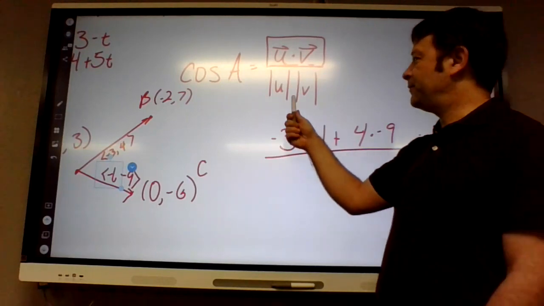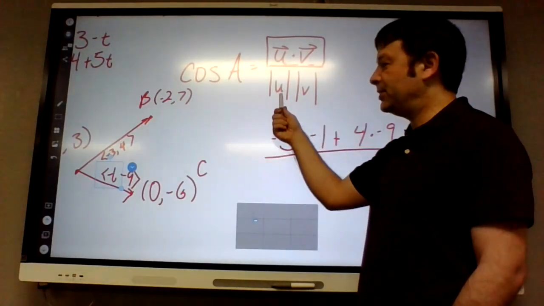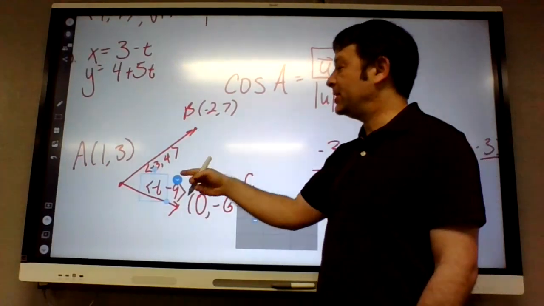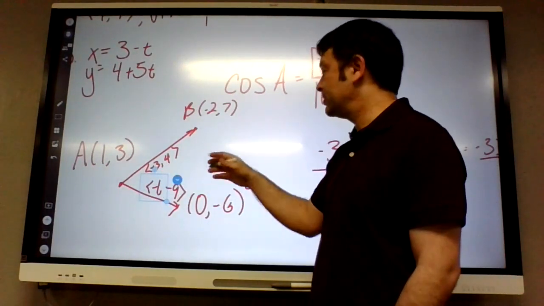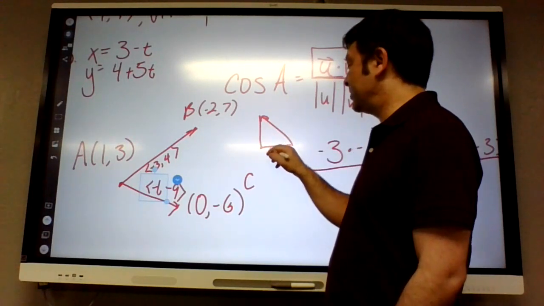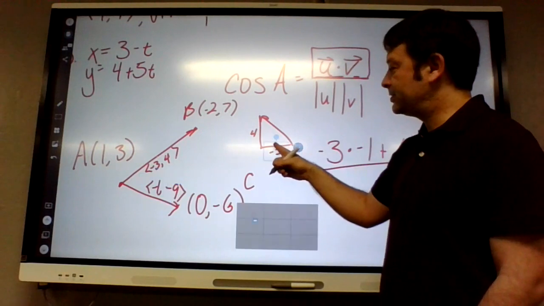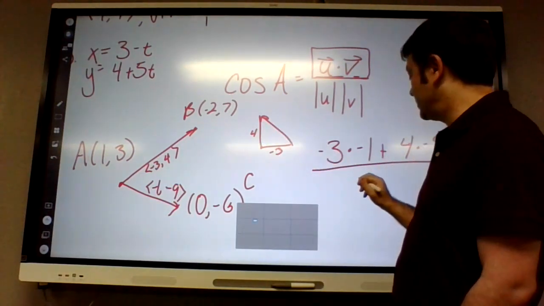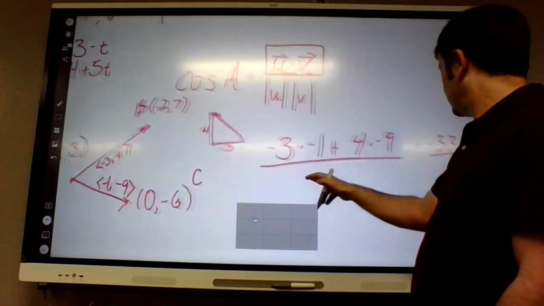And then for the magnitude of u and the magnitude of v, it's Pythagorean theorem basically. So negative 3, 4 means this vector, but you're going to find the length by Pythagorean theorem. 3 squared plus 4 squared equals 25. Square root of 25 is 5.